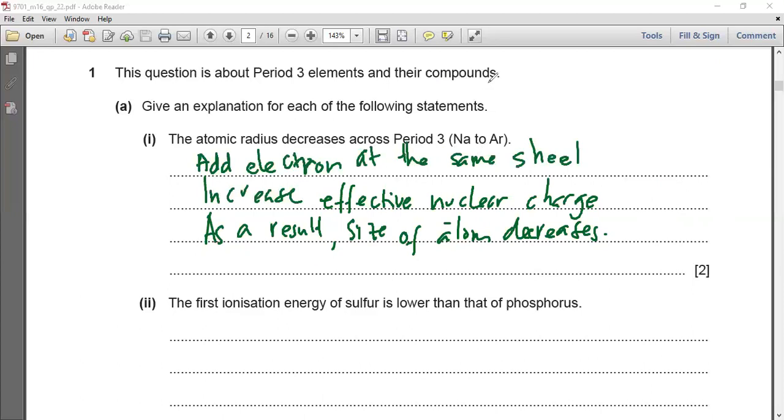Now, how about the second question? The first ionization energy of sulfur is lower than phosphorus.